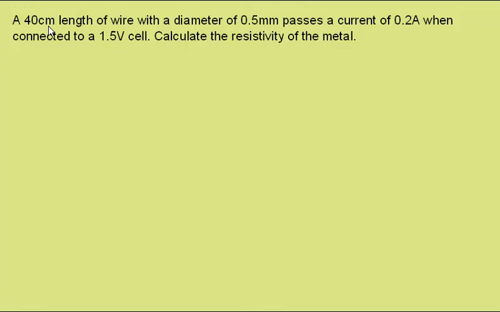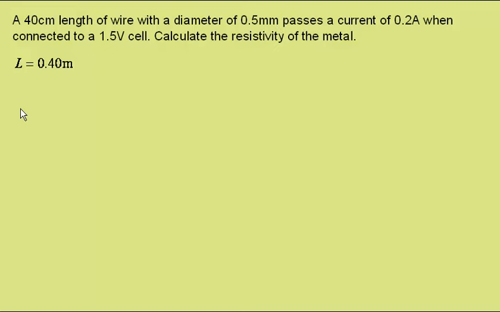We've got the length in centimeters, which I'm going to convert to SI units of meters, and quote here my length as 0.40 meters. I've been given the diameter of the wire in millimeters, and I want the area. Well, I know that the area of a circle is pi r squared, and that is also equal to pi d squared over 4, with d being the diameter.